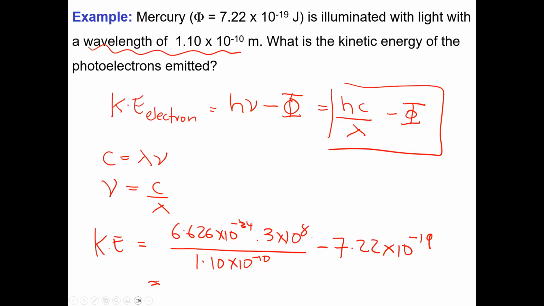And let's see what we get. Planck's constant times the speed of light divided by the wavelength minus that.